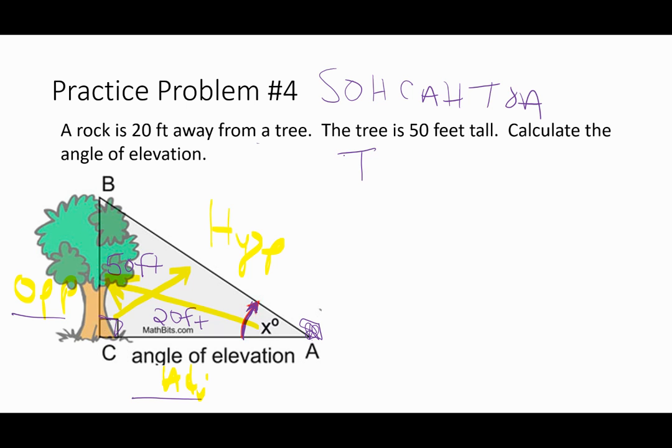So the tangent of the angle measurement is opposite over adjacent. Now we need to figure out what that angle measurement is. So the tangent of theta is 50 over 20.